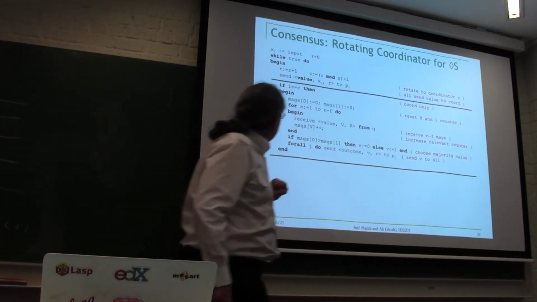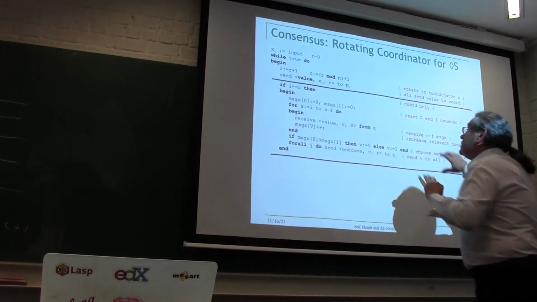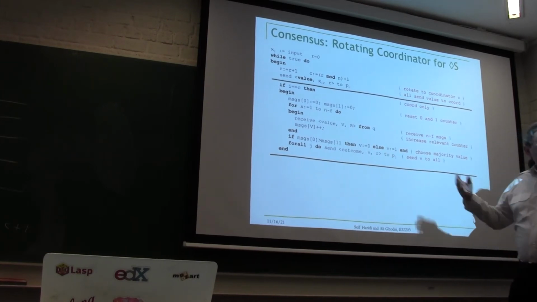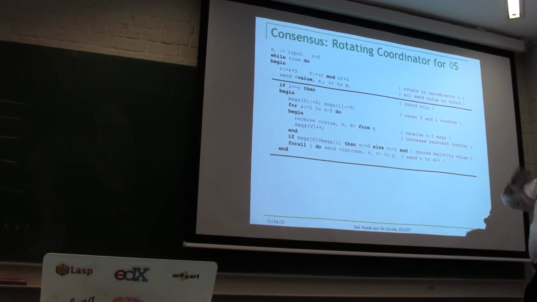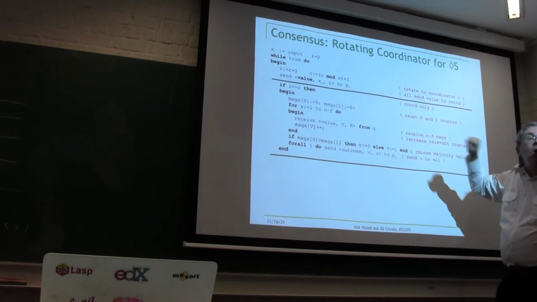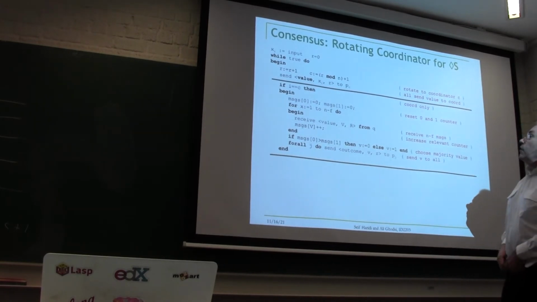Now, this is a slightly simplified consensus. I'm only going to propose 0 and 1. You can make it more complicated, but it doesn't change anything, so I want to make it as simple as possible. 0 and 1 are the only possible proposed values.